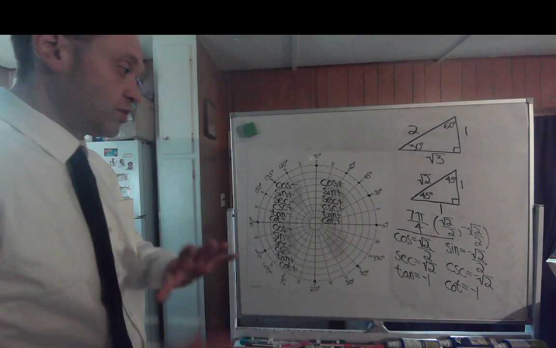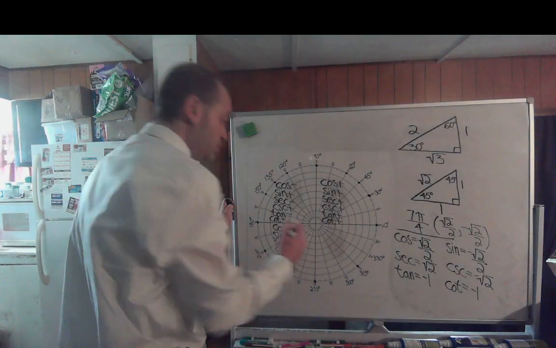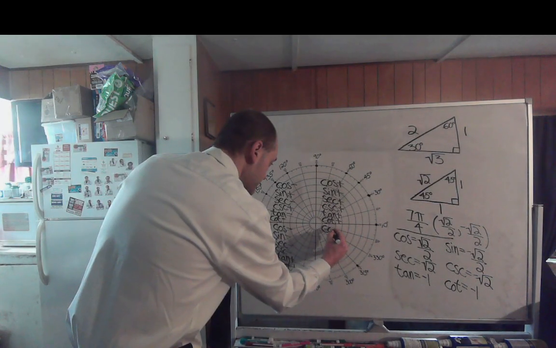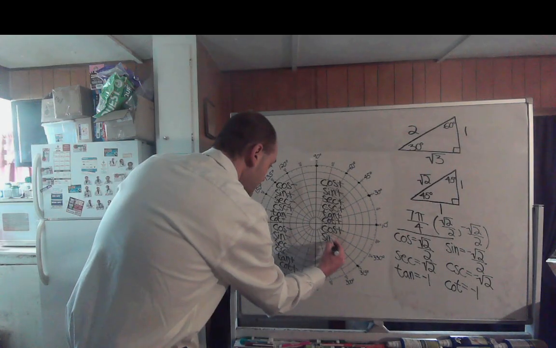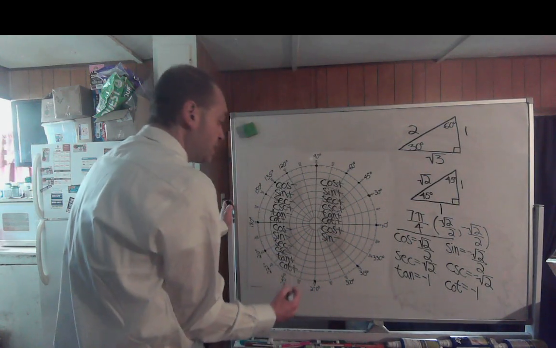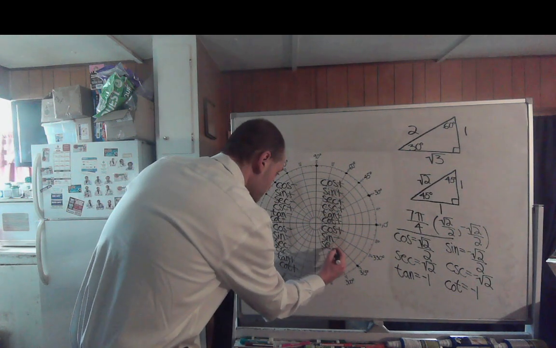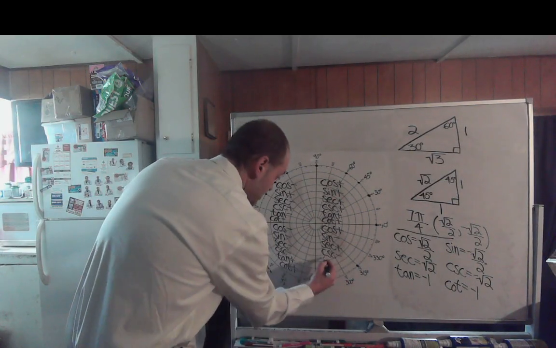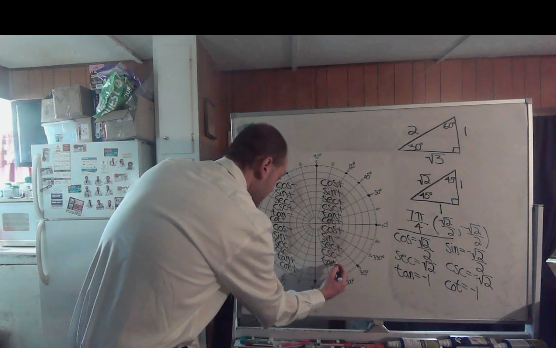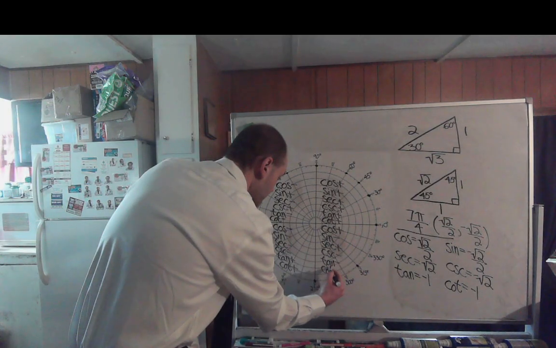So in general, then, we can say that the cosine of the fourth quadrant's positive because the x is positive. Your sine is actually negative this time, which means your secant's going to be positive, your cosecant will be negative, then your tangent's negative, and your cotangent's negative.